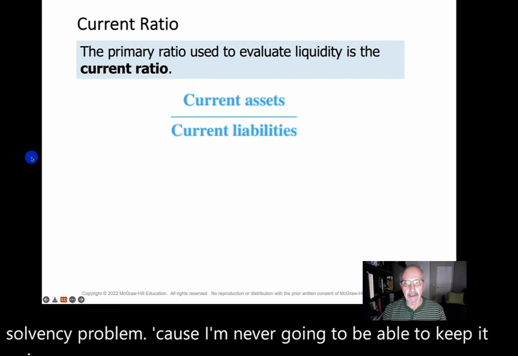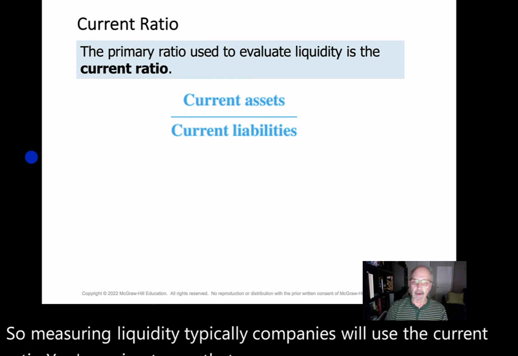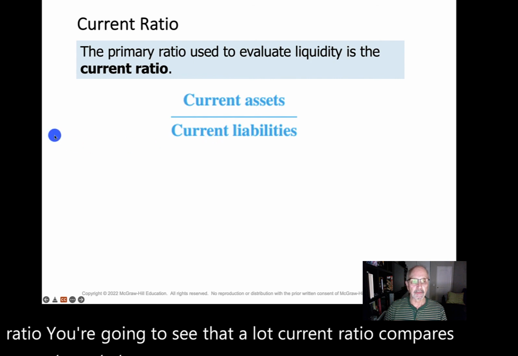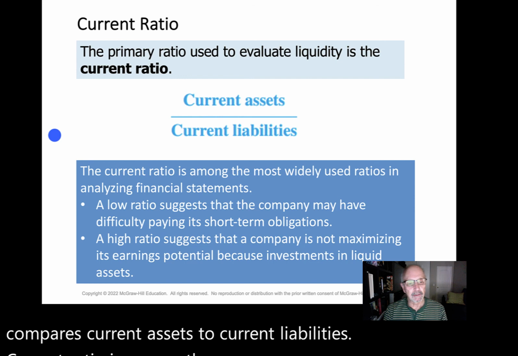So measuring liquidity, typically companies will use the current ratio. You're going to see that a lot. Current ratio compares current assets to current liabilities. Current ratio is among the most widely used ratios in analyzing financial statements.